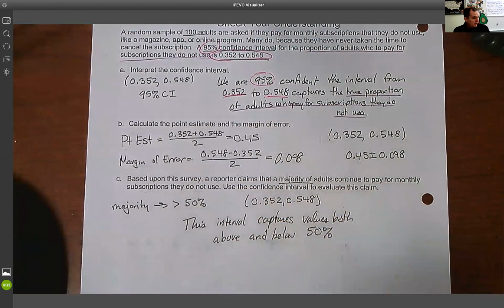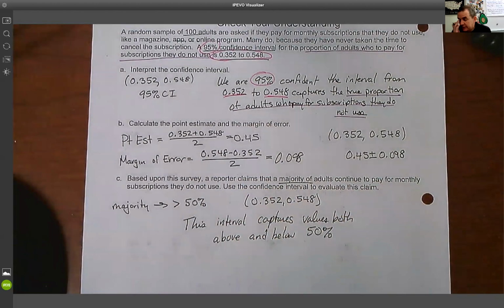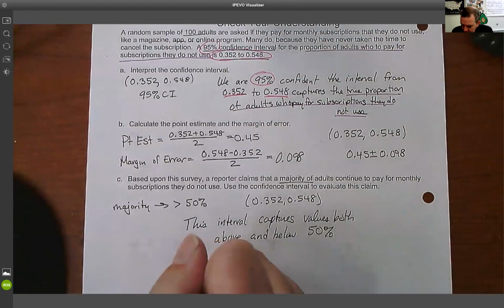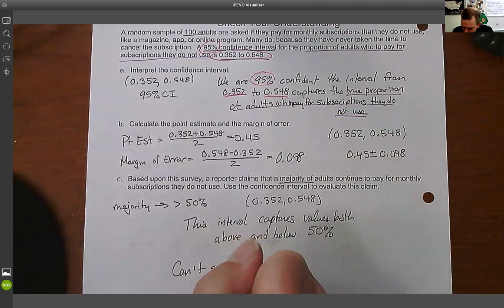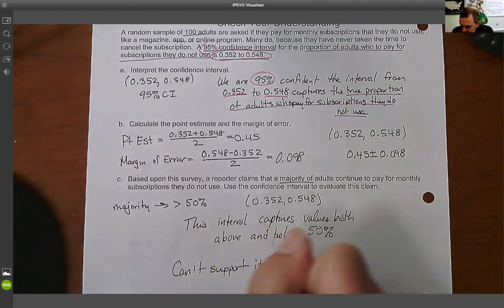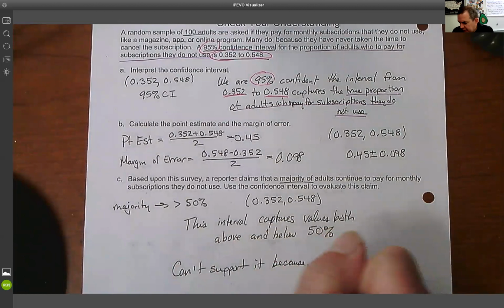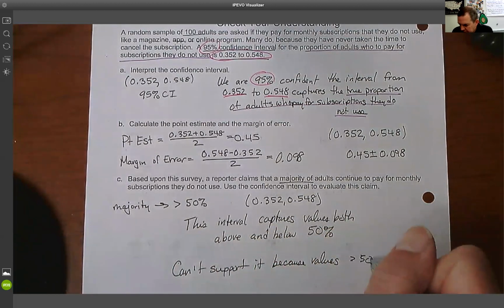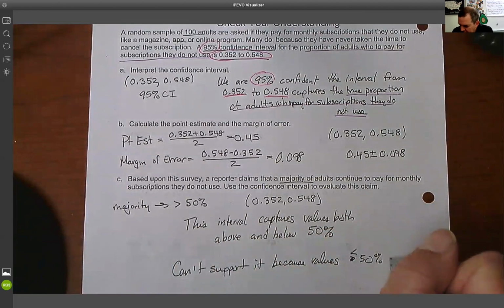So in this case, do we have evidence to support this claim? Well, we don't have evidence to say that it is true because it has numbers below. So we can't support it because values less than 50% are in it.